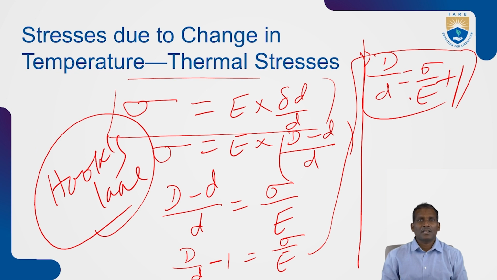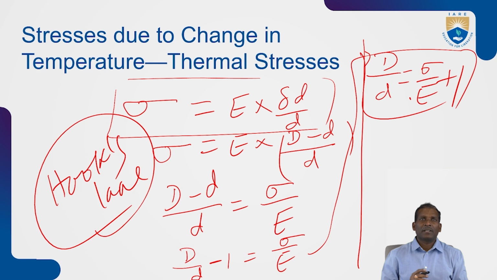Beyond this elastic limit, it does not follow Hooke's law. If the stress increases, the strain increases in a different way, not exactly equal to the amount of stress value.